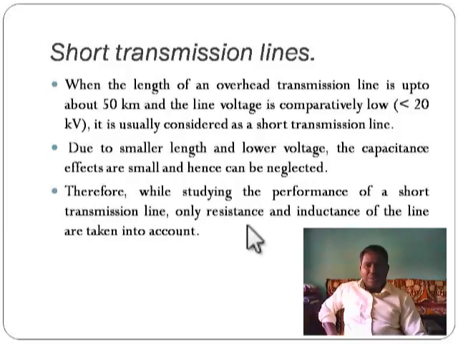This is applicable only for the short transmission line, not for the medium line or the long line. The operating voltage is less than 20 kV, the distance is less than 50 kilometers, and we neglect the capacitance.